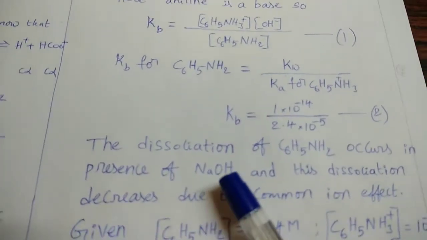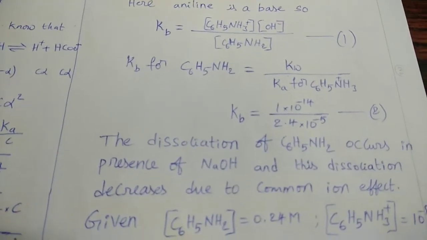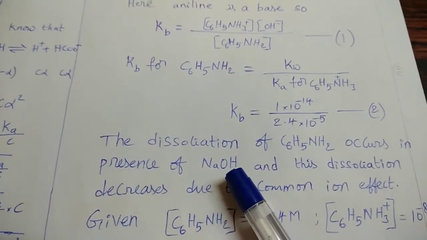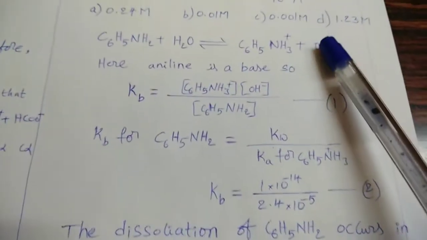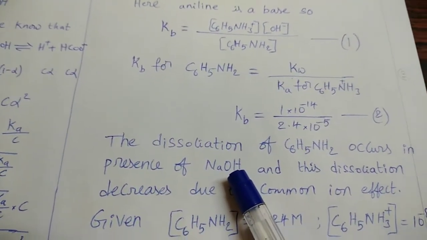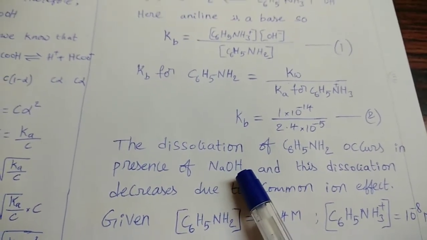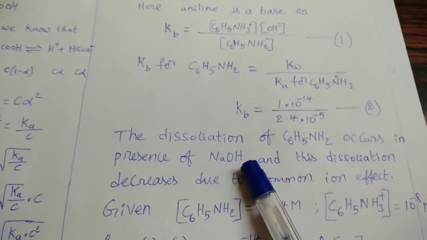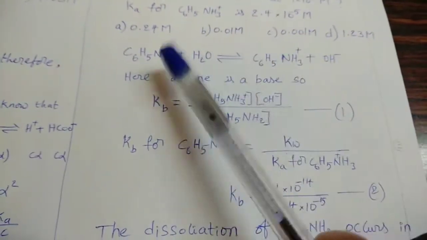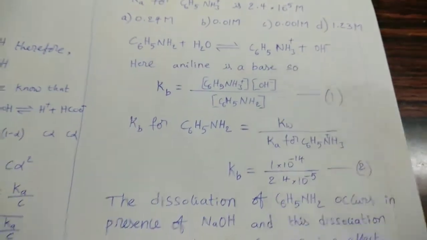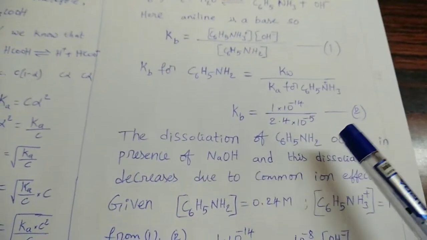Already we know that NaOH is a strong base. Strong base means it undergoes complete ionization and produces OH minus. In this reaction OH minus is there. Again here OH minus is produced. So OH minus ion is the common ion. Due to the larger quantity of this OH minus ion, the dissociation of aniline is decreased. So that is nothing but common ion effect.